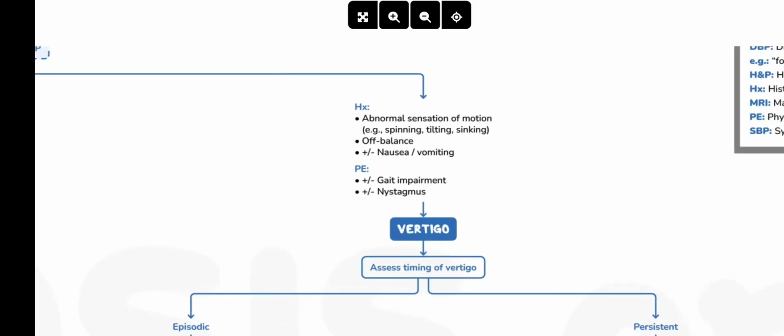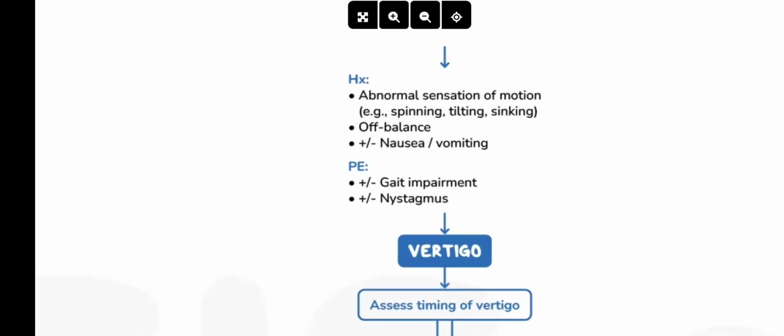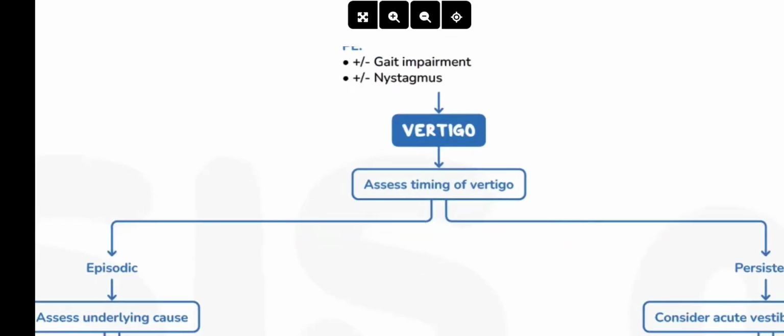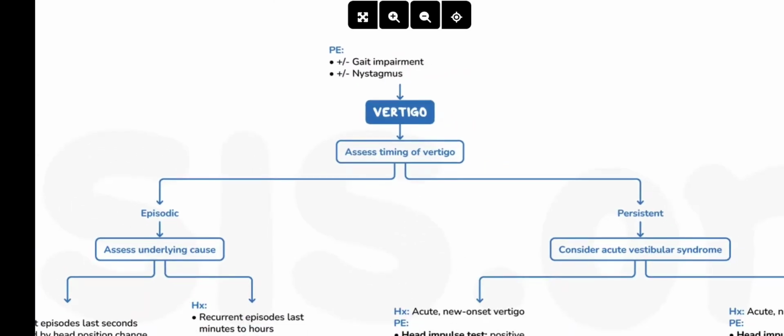And in vertigo, we will find almost every symptom we had in dizziness, like off balance, nausea, vomiting, gait impairment, and definitely here you might get nystagmus as well, depending on the condition. So for vertigo, do the same, whether it's episodic or persistent.